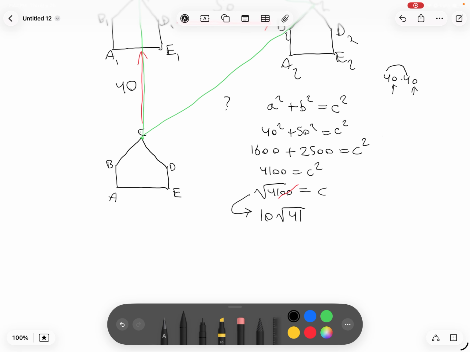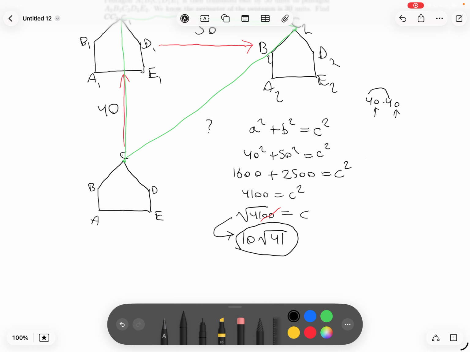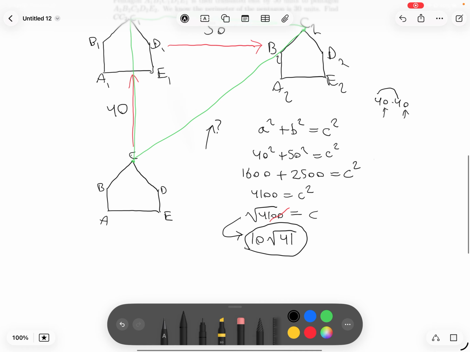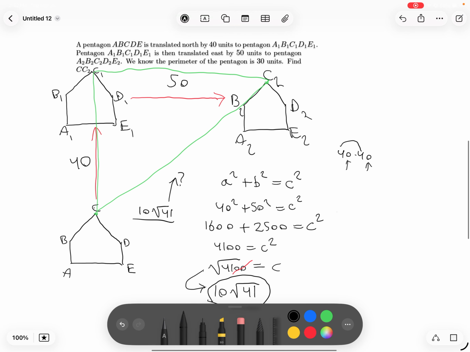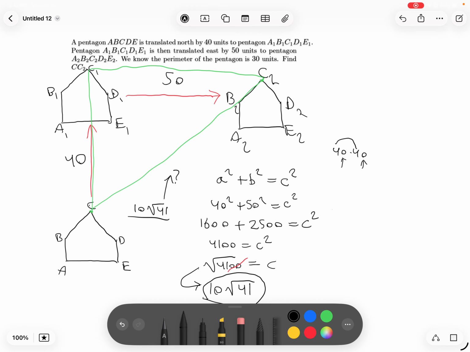And that right there, in fact, is our answer. So we simplified the square root down as our final step, and we got down to 10 square root 41 as our final answer for this question mark length, the length C1C2. That's the hypotenuse of the triangle, and we have successfully solved this pentagon problem.